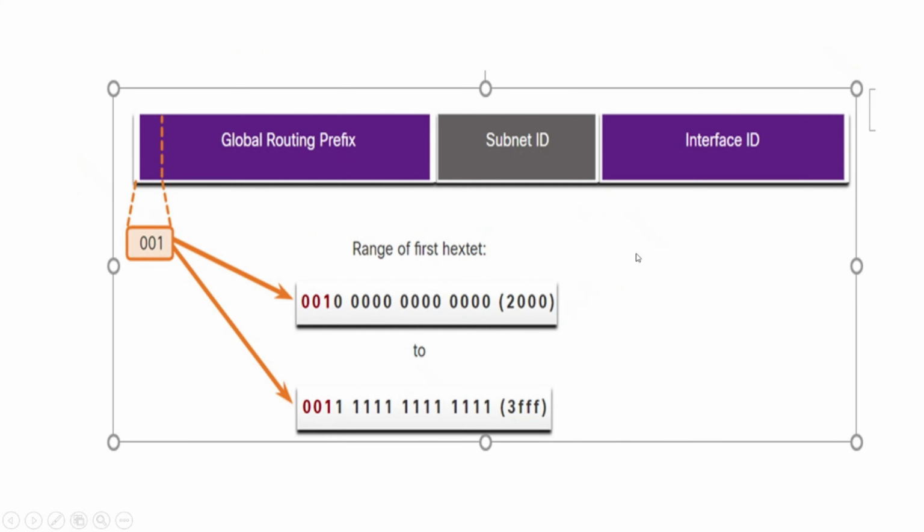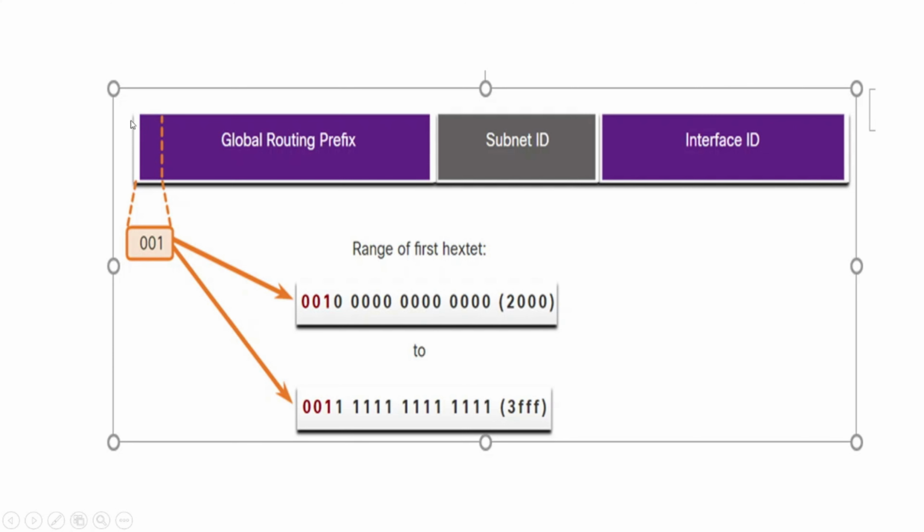Now, all this part here is the prefix. That is the network portion. This is the one we put on the devices, the host portion. The different IPs here will be different.